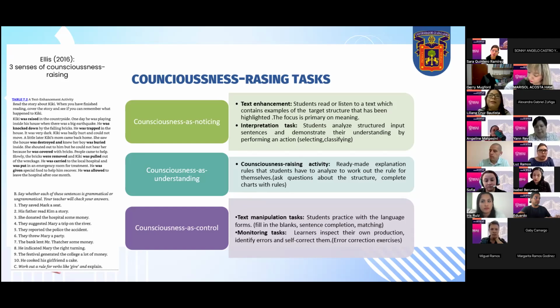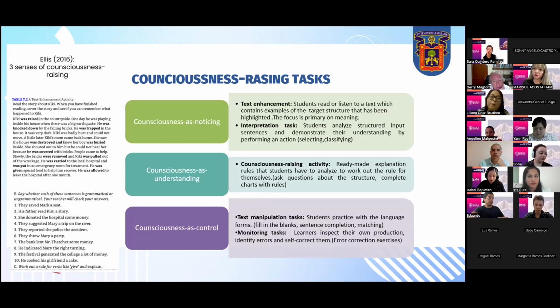Students have the opportunity, now that they have noticed, now that they have understood the rule, to practice with those new language forms, completing sentences, or filling in the blanks, or doing a matching exercise. And the last task that is proposed by Ellis is monitoring tasks.